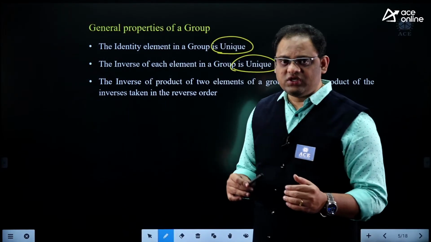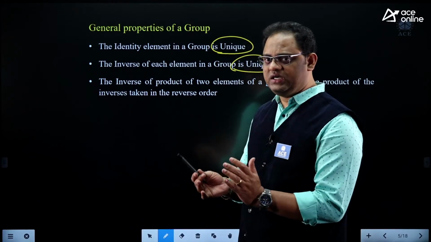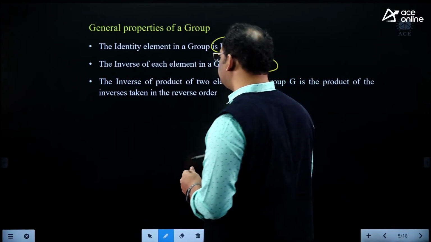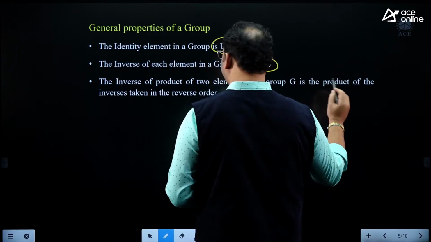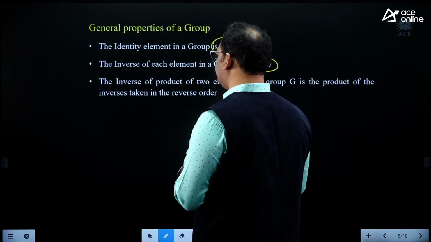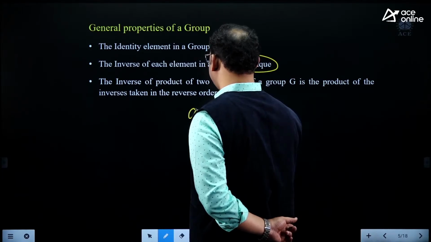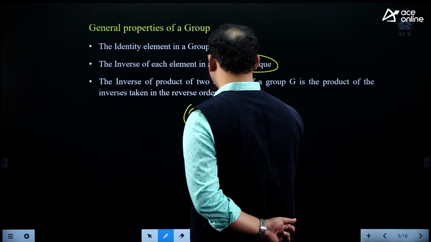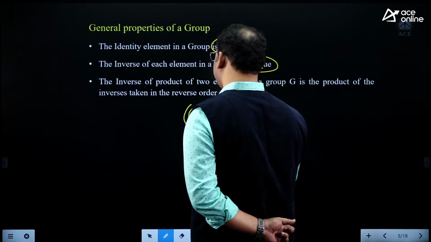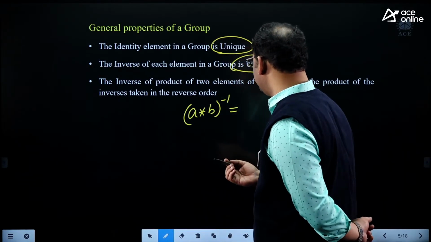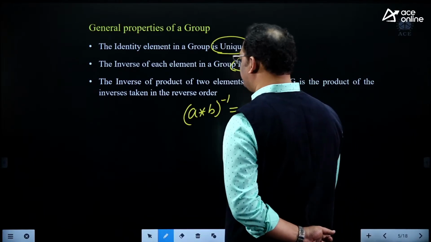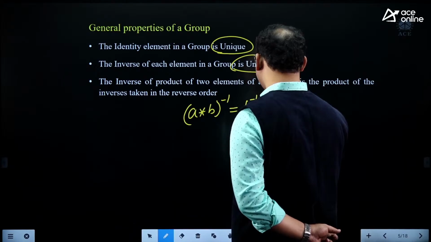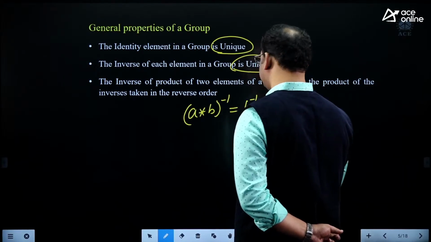So, the inverse of A star B, whole inverse, is nothing but B inverse star A inverse.